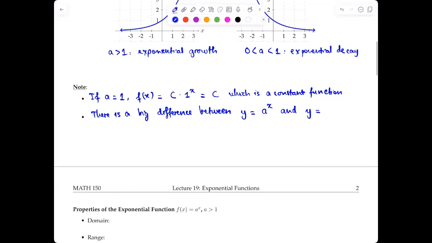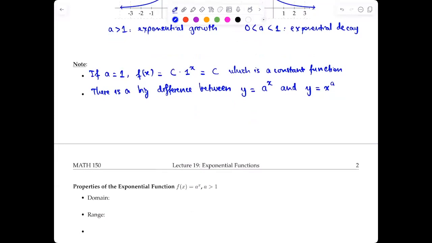And y equal to x raised to the power a, the second function, is the power function. So let me note it here: exponential function, and this one is a power function.